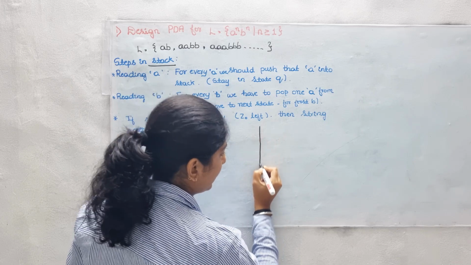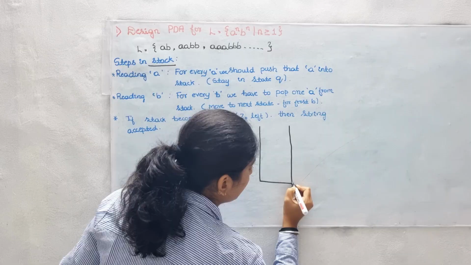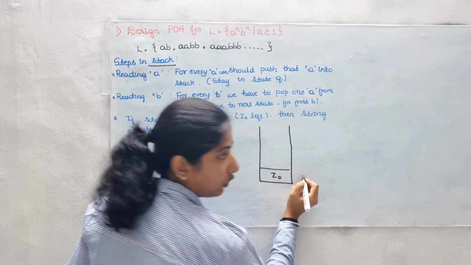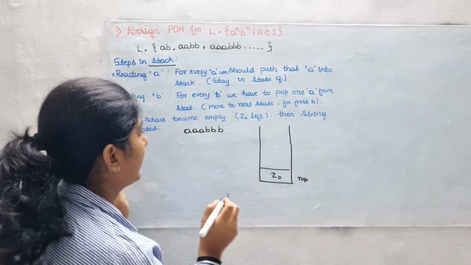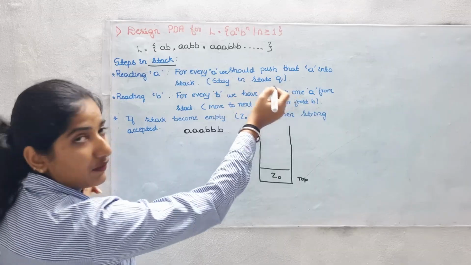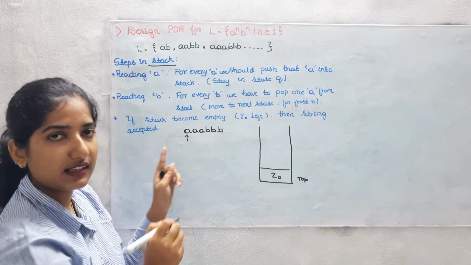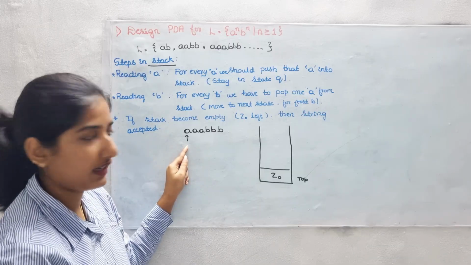The stack will be like this, right? So Z0 will be there at the top at first. Okay. So for every a, we should push that a into the stack. So the pointer will move here, or the reader will get to the first a.